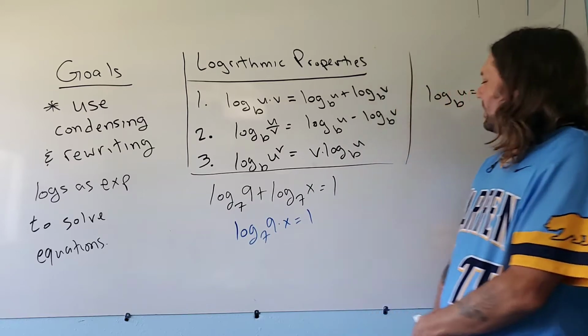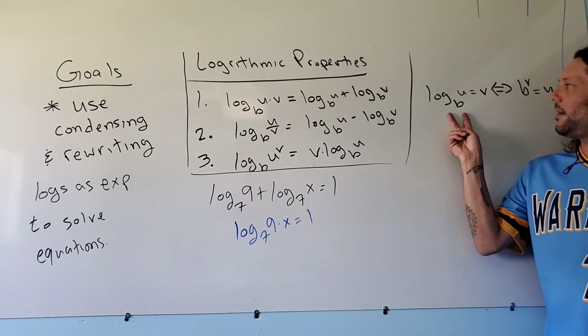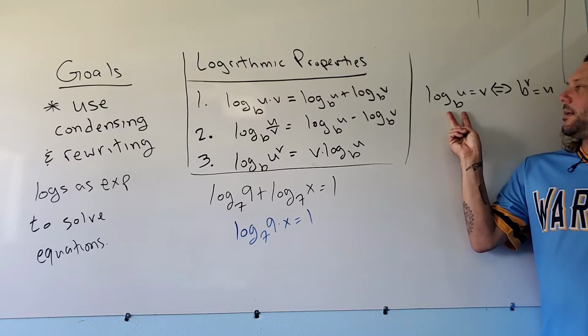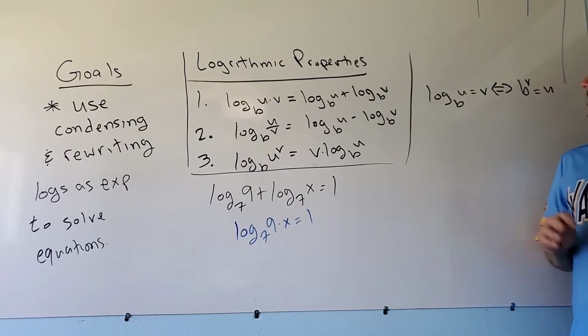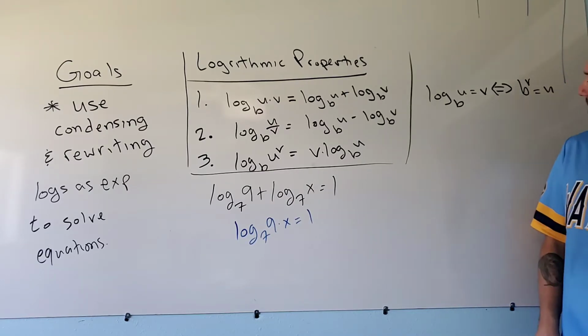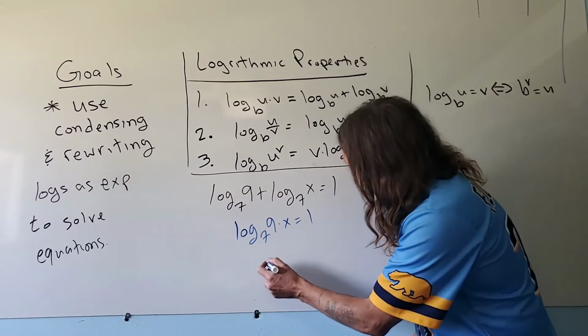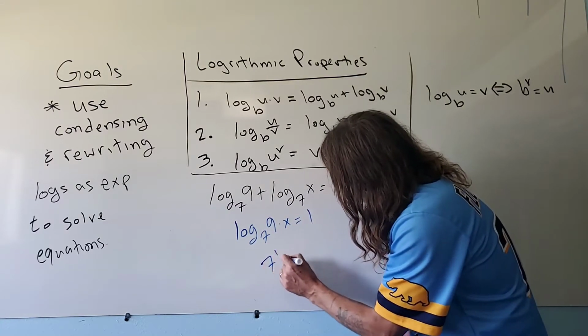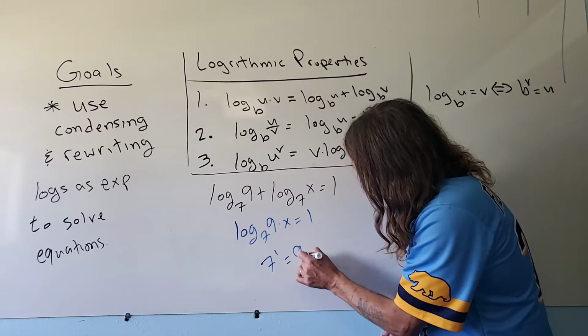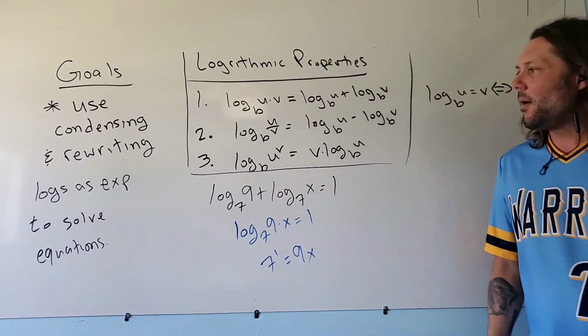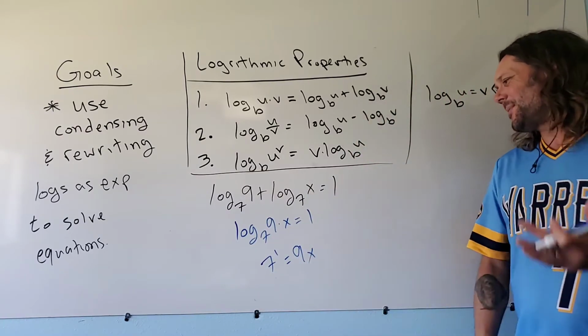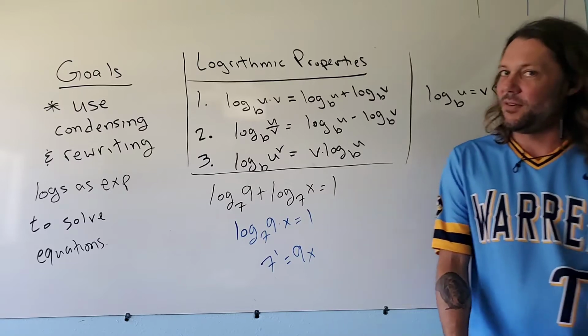All right. Now I have an equation written in logarithmic form. I'm going to rewrite it in its exponential form. So now this equation becomes 7 to the power 1 is equal to 9x. And now I have this very easy equation to solve.